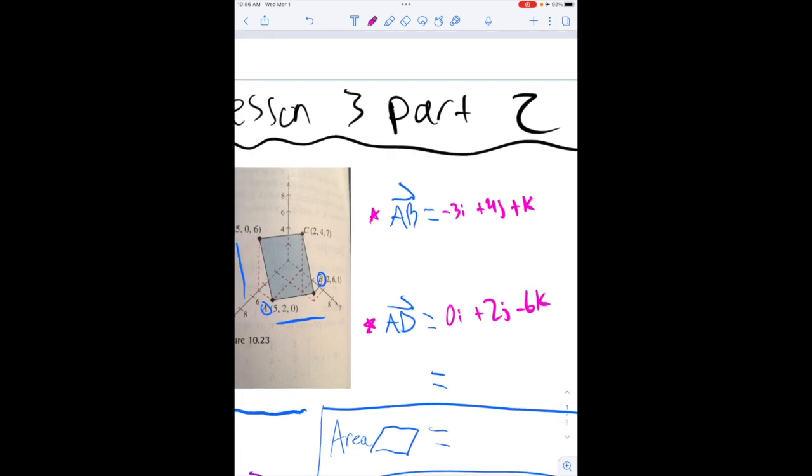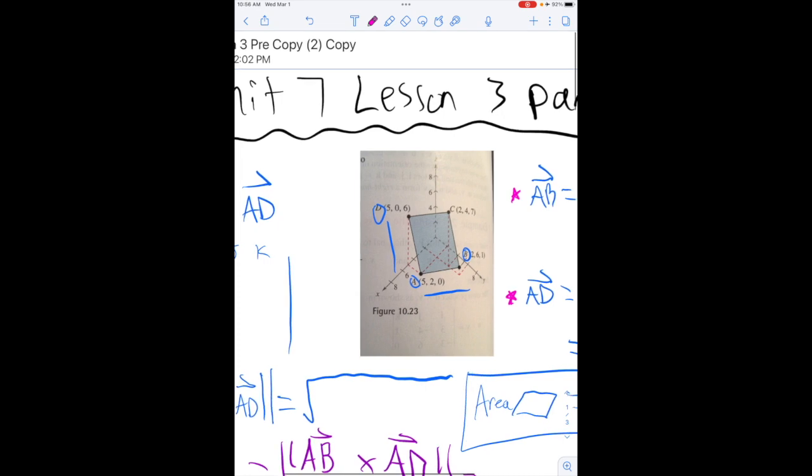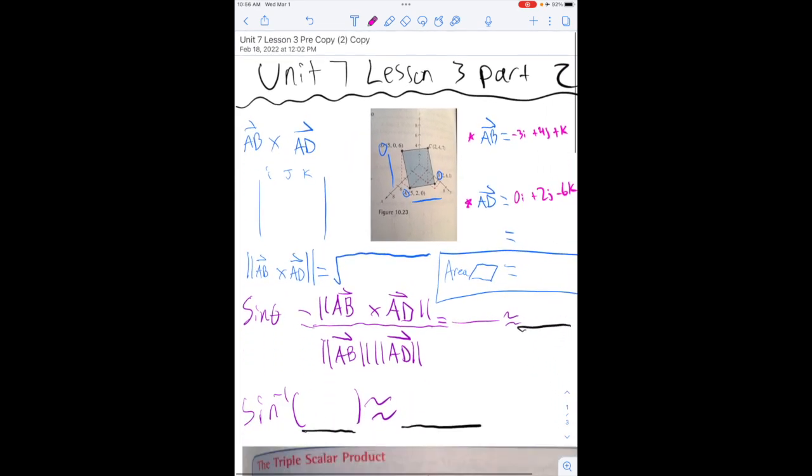Now we can plug our numbers into our equation, which is going to be negative 3, 4, and 1; 0, 2, negative 6; 0, negative 2, and 6.